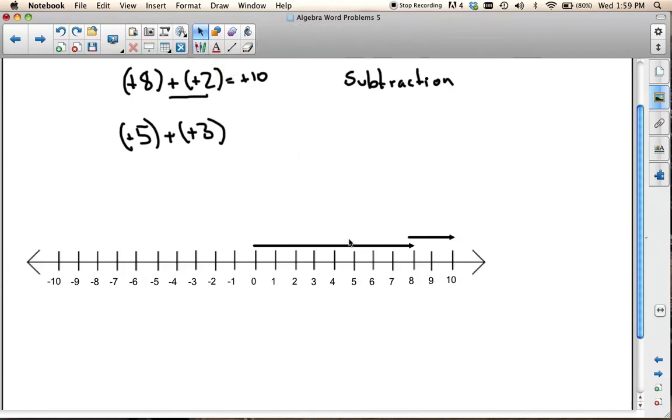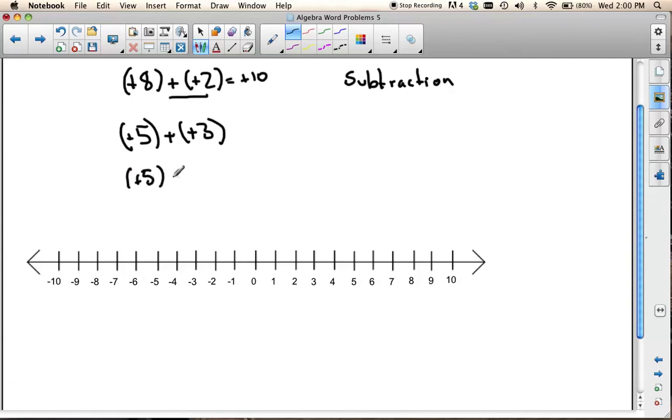And at the same time, if I do that on the number line, this originally was positive 5 minus negative 3.